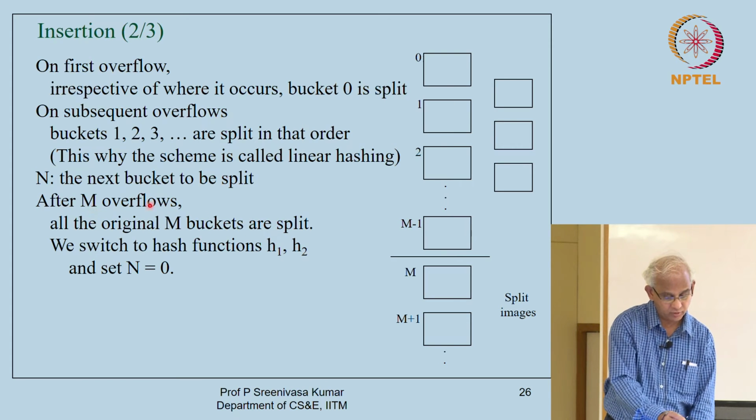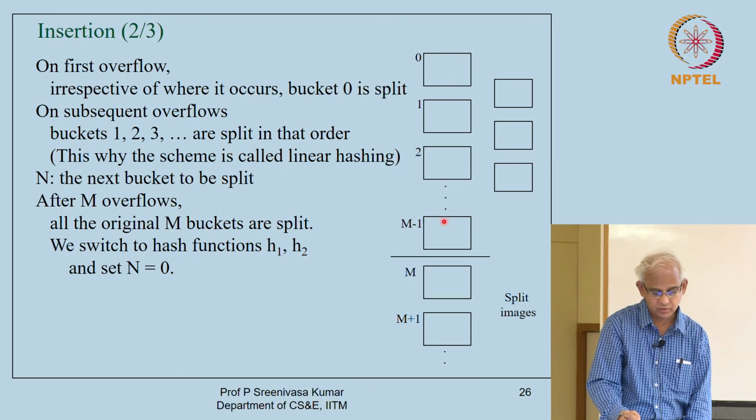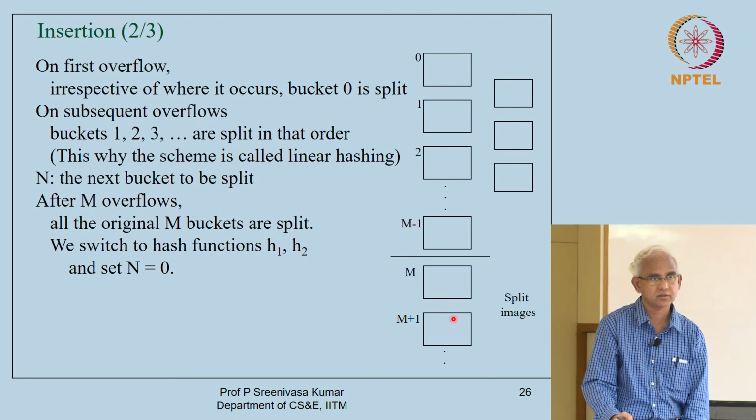So, if m overflows occur, then all the m original buckets would have been split into m additional buckets. So, now we have 0 through 2m minus 1, so 2m number of buckets.